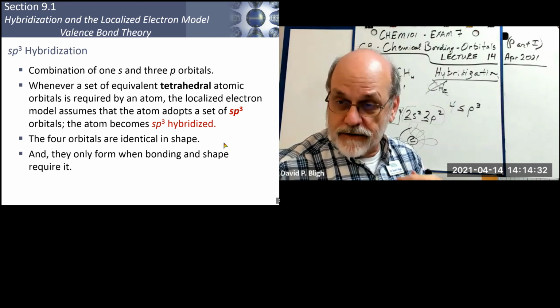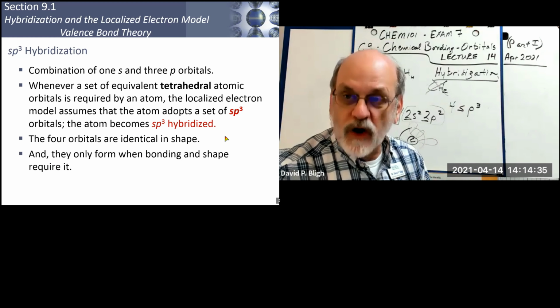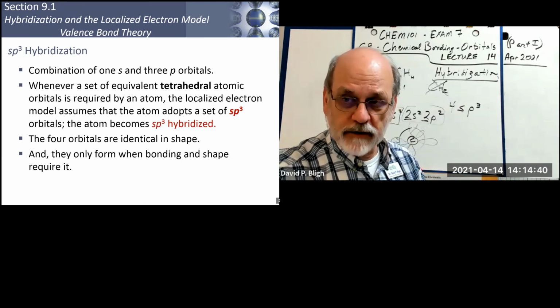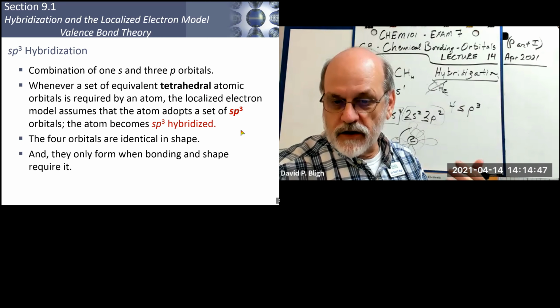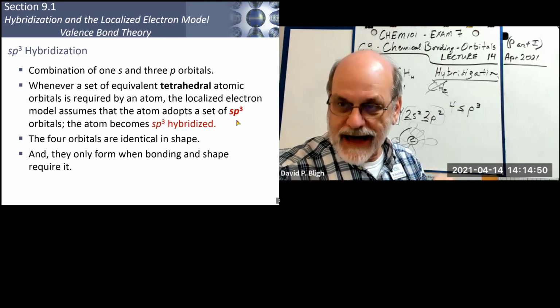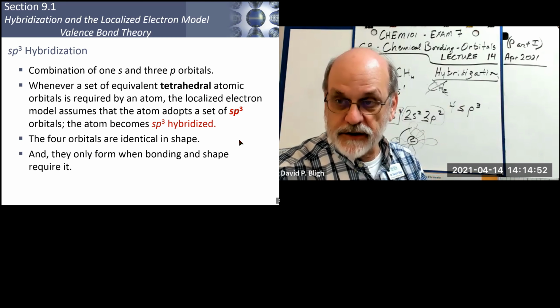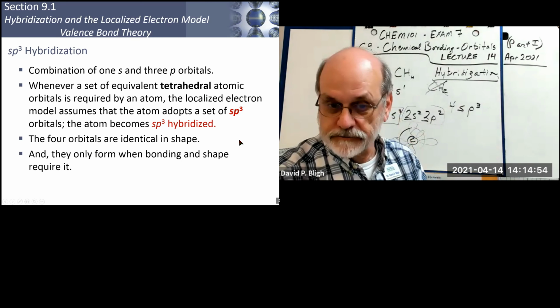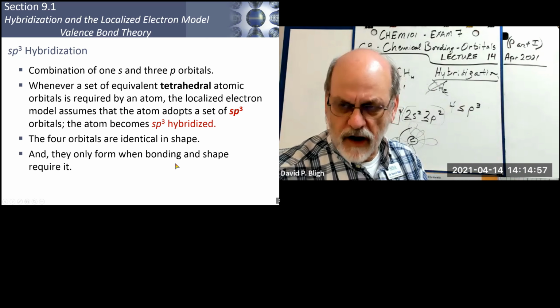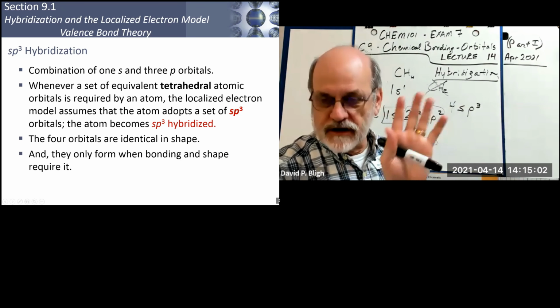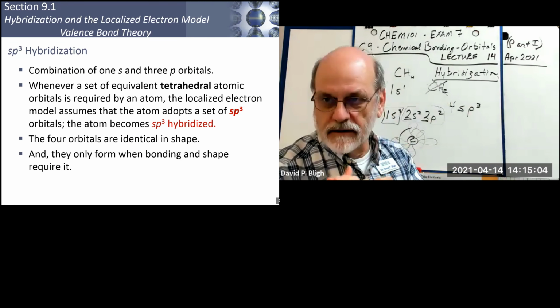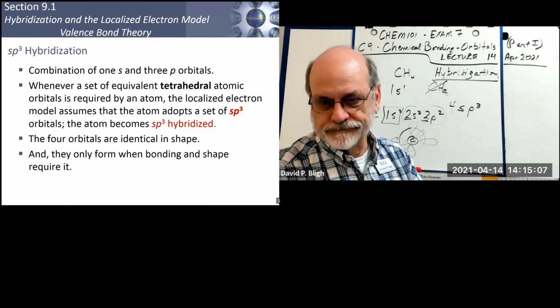So whenever you have 4 equivalent bonds, or if you have 4 equivalent bonds and lone pairs, then you are looking at an sp3 hybridization because it produces those 4 equivalent orbitals. They're identical in shape, and they're positioned in such a way that they minimize repulsions.